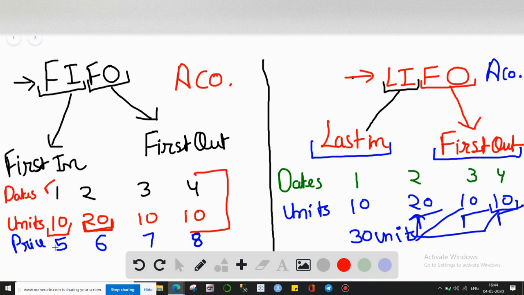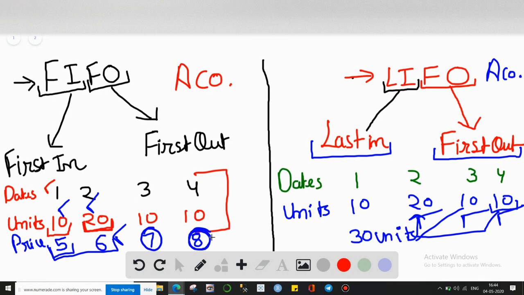When the prices are rising, whenever the company sells the items, it will sell the items of low cost raw material. We have understood that in FIFO method the company is willing to sell 30 units. Those 30 units will be allocated firstly as 10 units on date 1, then 20 units on date 2. So the low cost material will be sold out first, and higher cost raw material will be held as inventory.